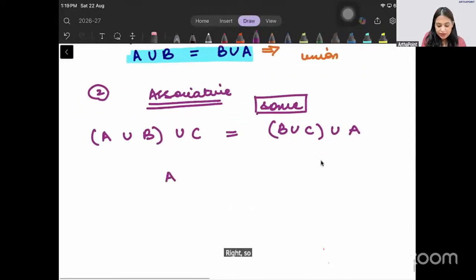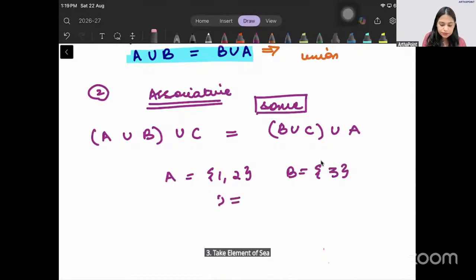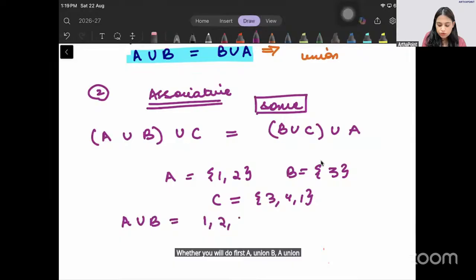So take elements of A as 1 2, B as 2 3, and C as 3 4 1. First A union B will be 1 2 3, and then you take its union with 3 4 1.